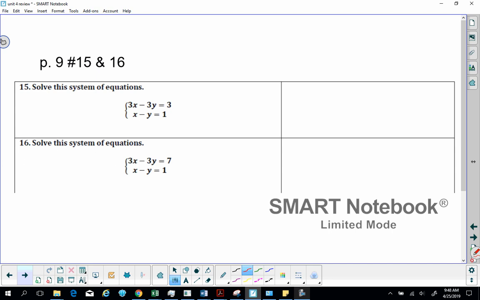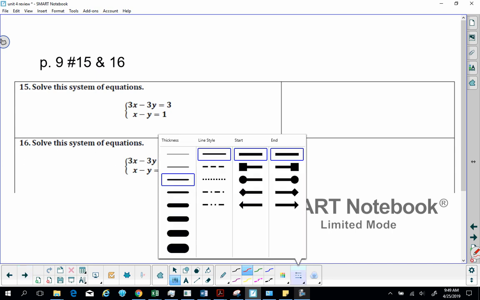Now for this one, do we want to use substitution, elimination, or graphing? Elimination. Perfect. For elimination, that means I'm going to be multiplying that bottom equation by something. What should I multiply it by?